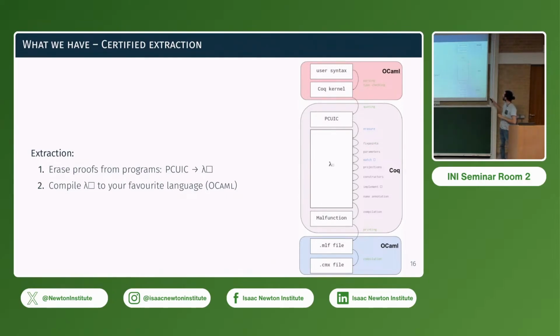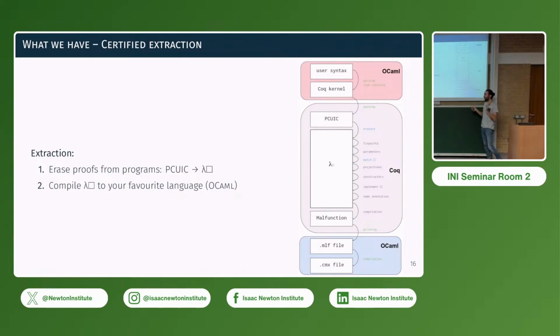That's erasure here, and then you do a bunch of optimization passes on this thing. Once you're happy with your optimization, you compile it down to this malfunction language, the thing from Stephen Dolan. And from that, you get these OCaml things. It's still very close to pquick, with an extra constructor for erased content.